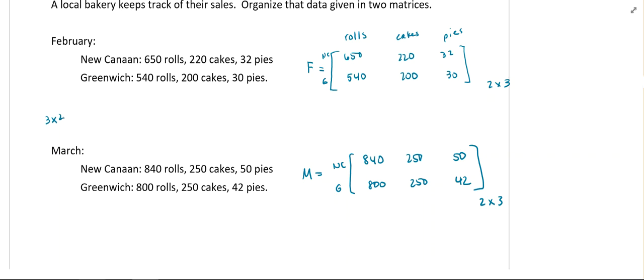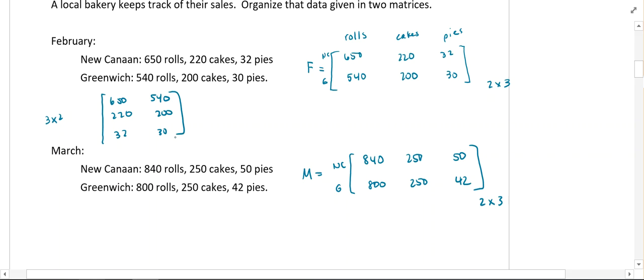So I could also model this same problem set up like this: 650, 220, 32, 540, 200, and 30. Okay, this would give me the same information. It's just modeled in a different setup. I happen to do a wider one, basically because I just thought about it as this. That was my matrix right there, and I just put it in that format.